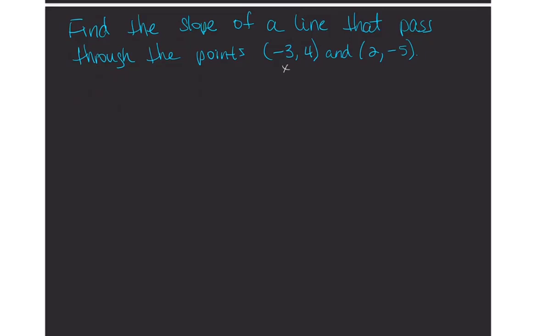So we know this is the x coordinate, this is the y coordinate. And then on the second point, this is the x coordinate and this is the y coordinate.